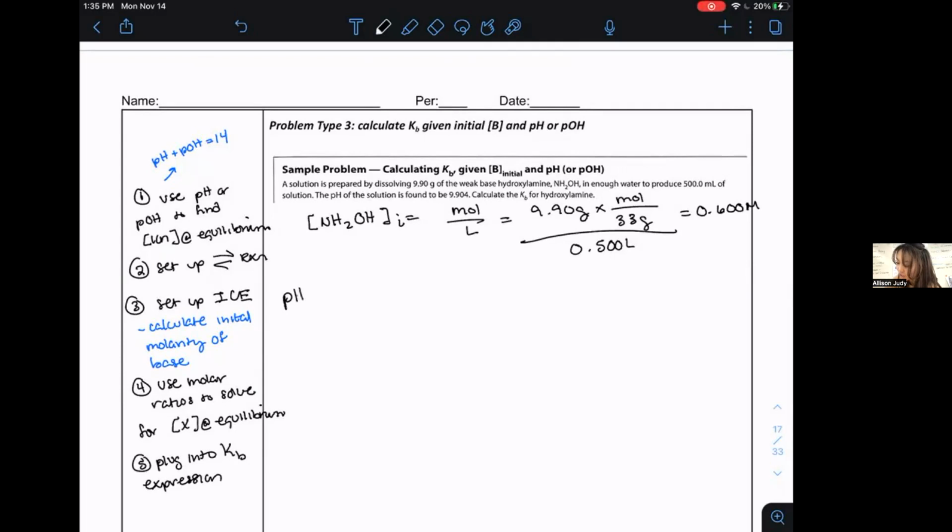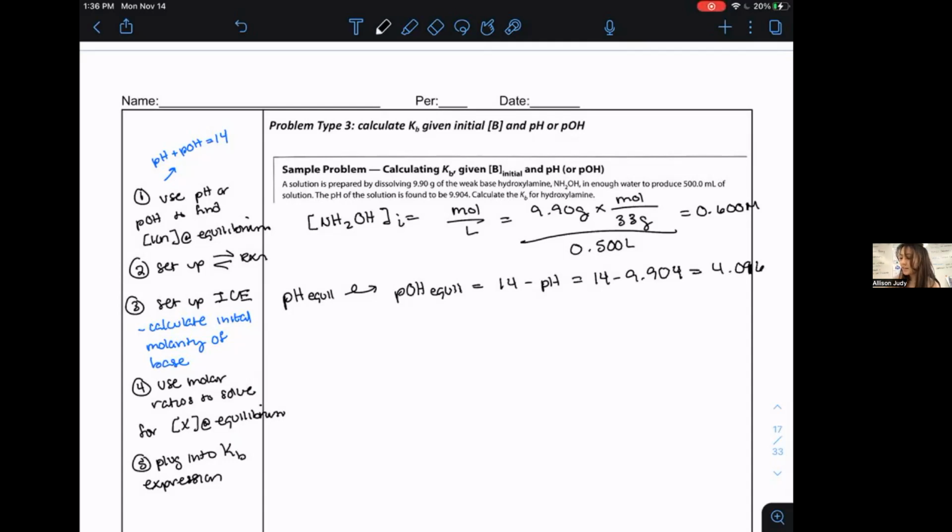So your pH at equilibrium can then be used to figure out your pOH at equilibrium. We set 14 minus pH at equilibrium, and we get a value of 14 minus 9.904, which is equal to 4.096.